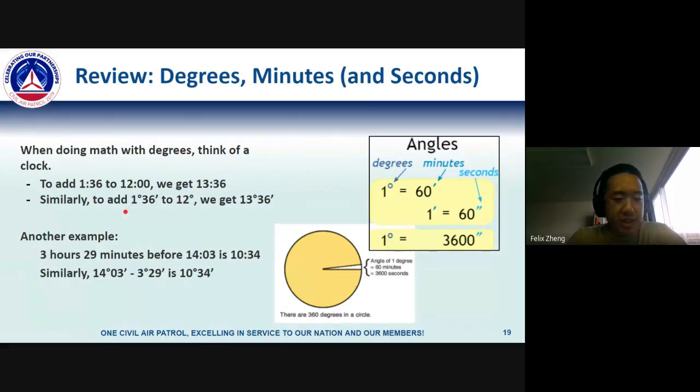So here's another example. If you want to find 3 hours and 29 minutes before 2:03 p.m., you basically subtract 3 hours, 29 minutes. So similarly, if you have 14 degrees and 3 minutes, and you want to subtract 3 degrees, 29 minutes, you will get 10 degrees, 34 minutes.